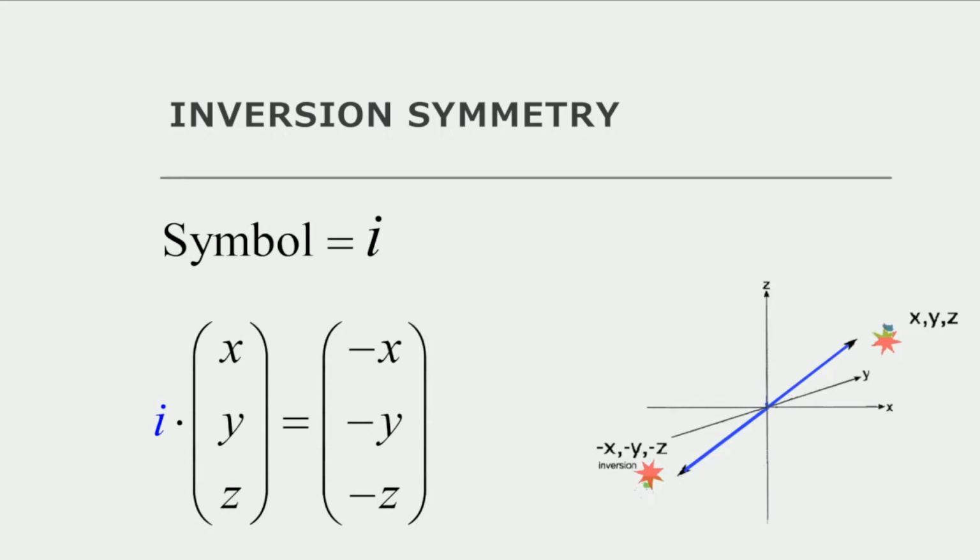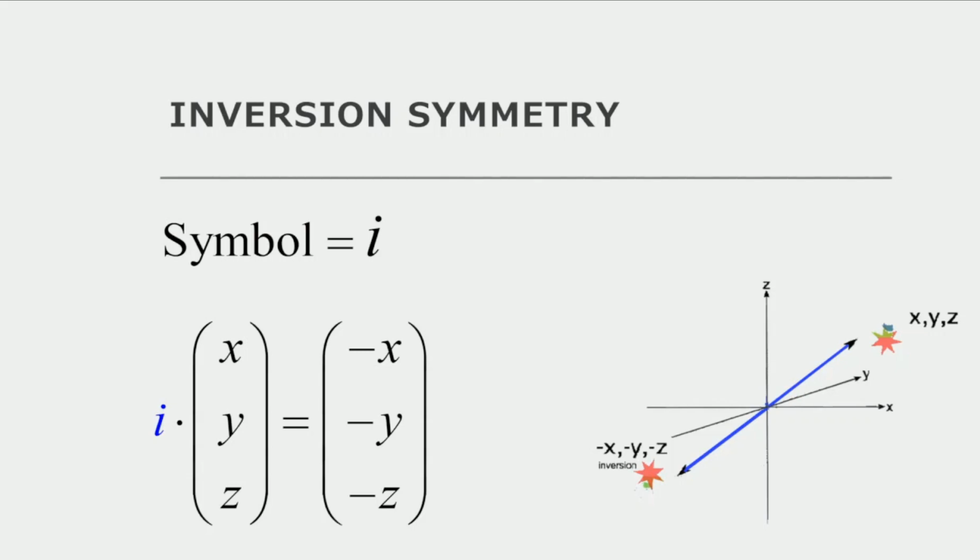So under the inversion operation, the two points x, y, z and minus x, minus y, minus z are geometrically equivalent. And the molecules that possess I symmetry, or a center of symmetry, are called centrosymmetric molecules.